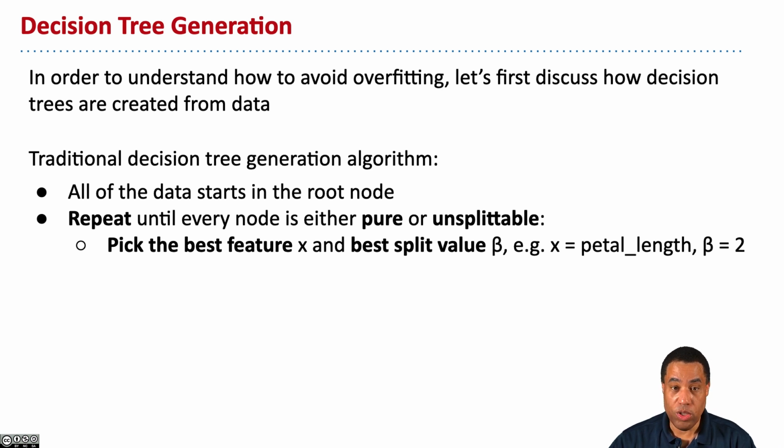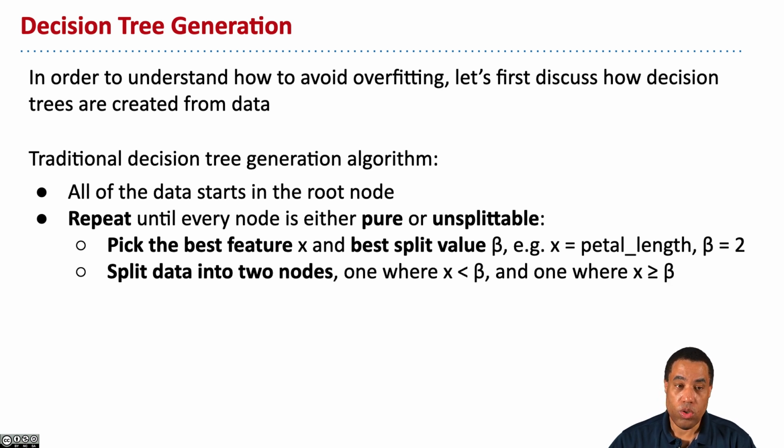So for example, we could say x is the petal length and beta is a length of 2. Then we're going to split the data into two nodes where one is x, that feature, less than beta, and the other is where x is greater than or equal to beta.